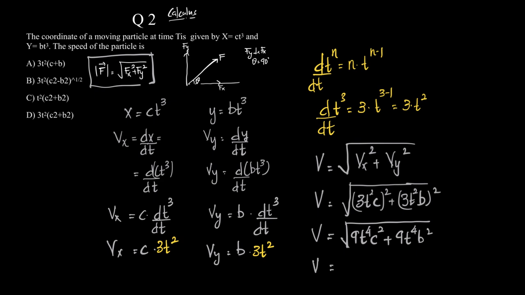So V can be written as root of 9 t to the power 4 common, into c square plus b square.